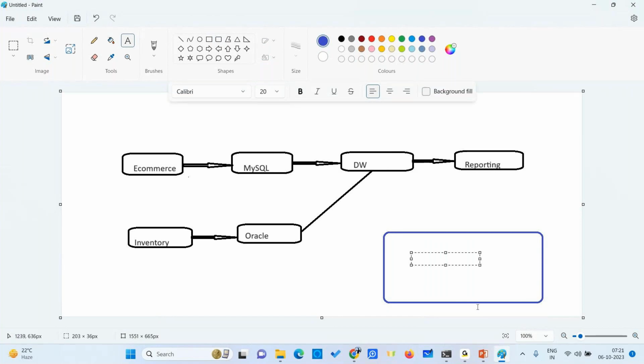So this Hadoop has different nodes or machines, around 10k nodes.